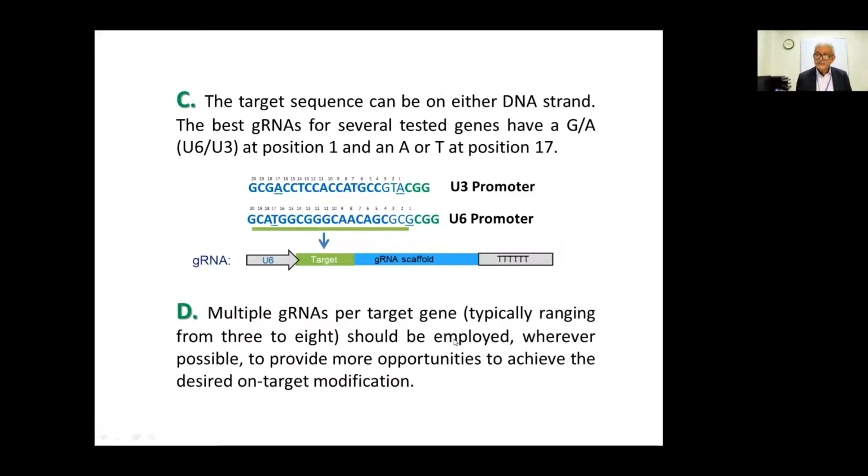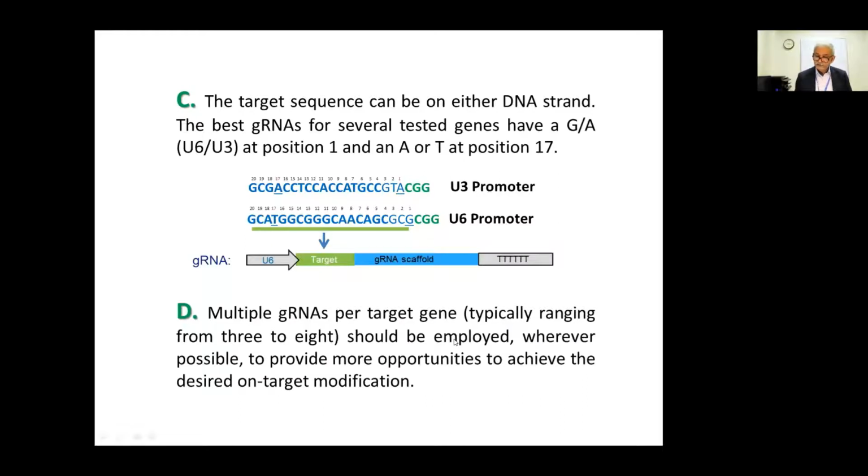And you should try each one of them, because you don't know which one of them is going to work the best. So it's a random game. You need to design more sequences as protospacers and try each one of them and see which one is highly specific. And this can actually be determined by some of the software that I will tell you later on.